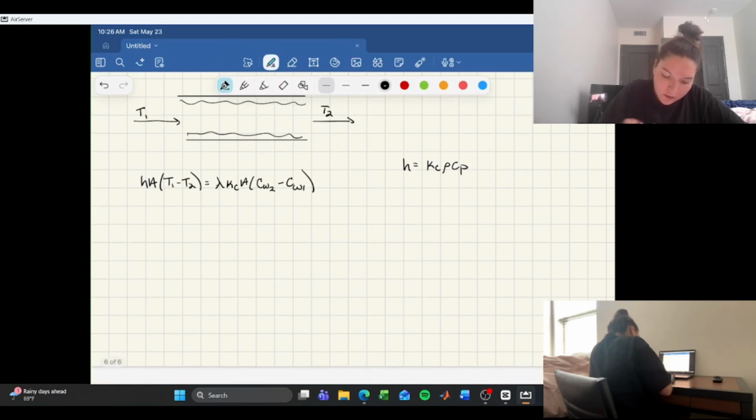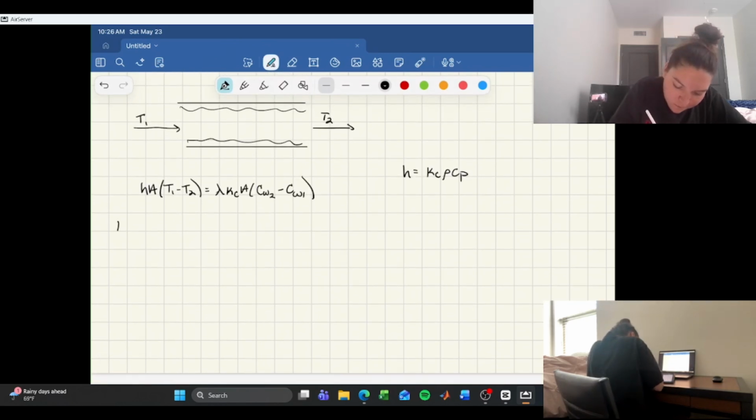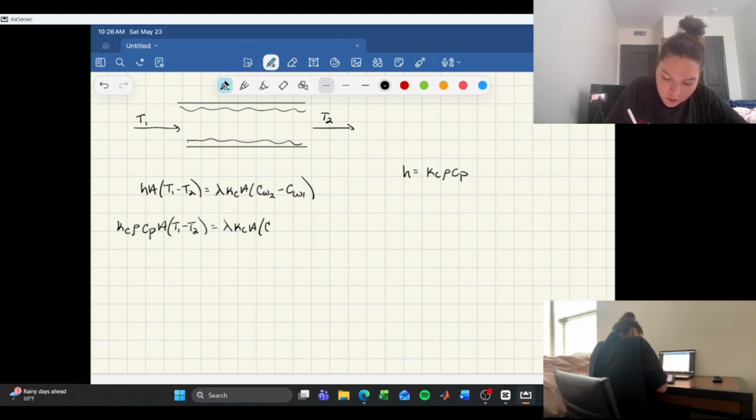So we're still going to have mass transfer coefficient times density times heat capacity times area times the temperature going in minus the temperature coming out, is equal to the enthalpy of vaporization times the mass transfer coefficient times area times the change in concentration. And again, we can cancel out these terms.